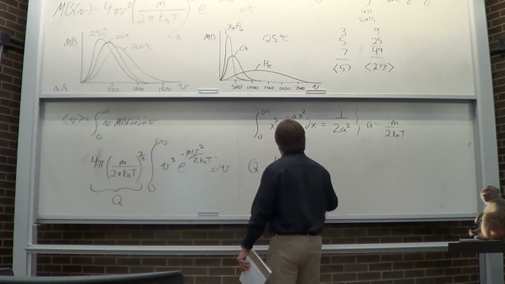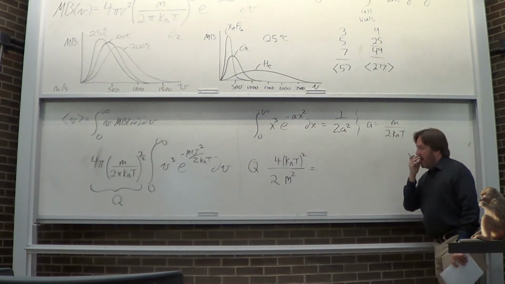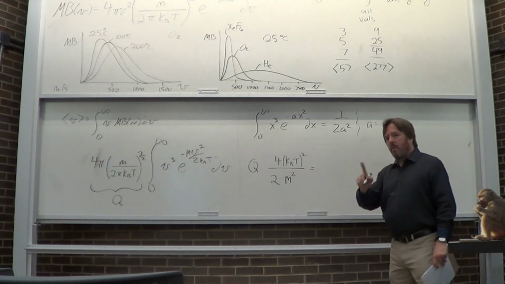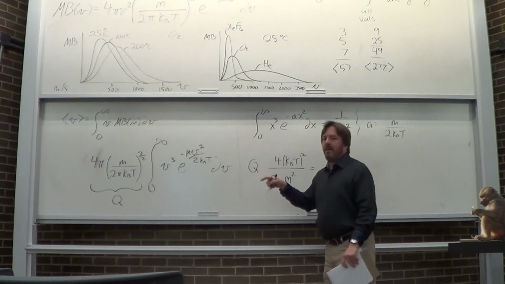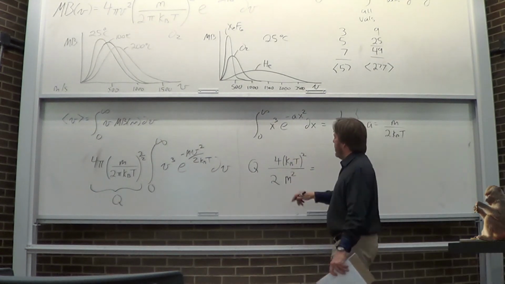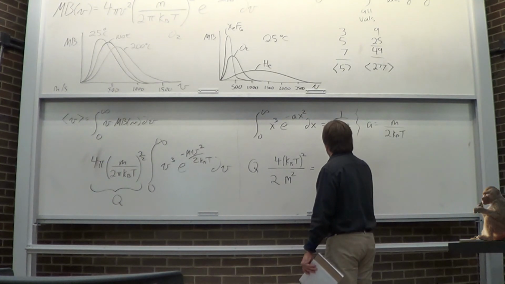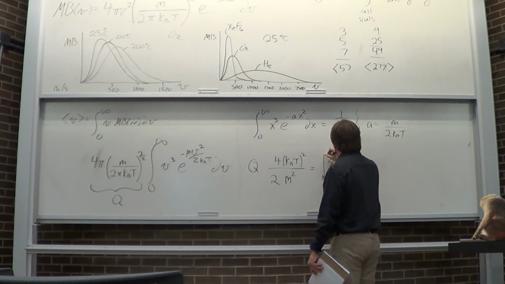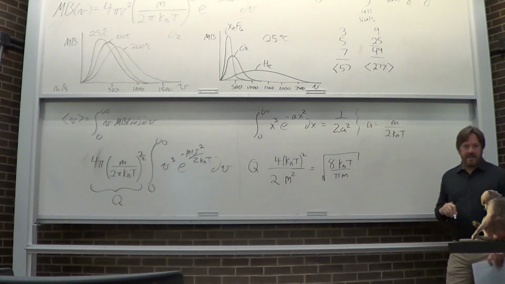Now, I work it on the handout. On your exam, the number one thing you forget is the prefactor. Don't forget the prefactor. Don't just write this down, that's not the answer. The real answer is 8 kB T over pi m. That is the real velocity.